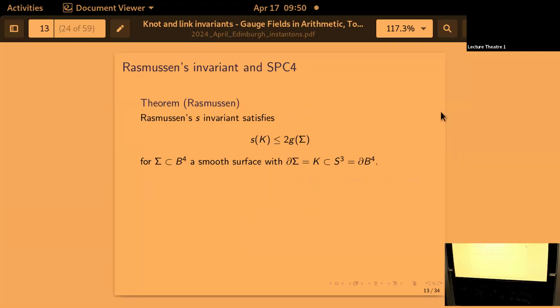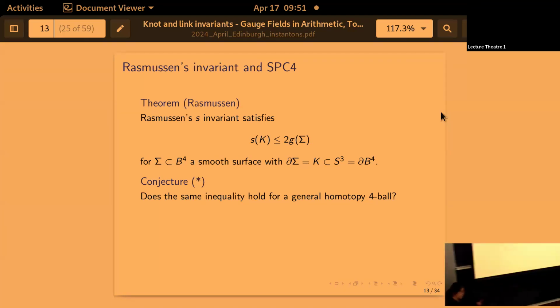A question you can ask, this is a conjecture, is whether the same inequality holds for a general homotopy 4-ball. I said this is talking about genus inside B4, the standard 4-ball. But you can also ask, if I have K in S3, what if S3 bounds some other homotopy 4-ball? Can the invariant also bound the genus of surfaces in that other 4-ball?